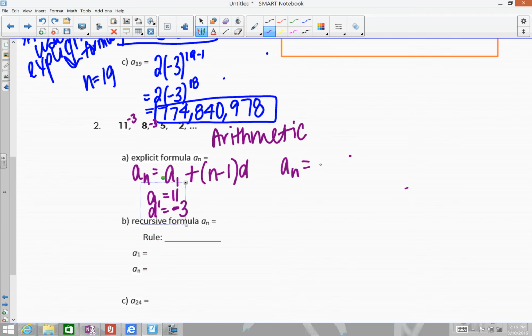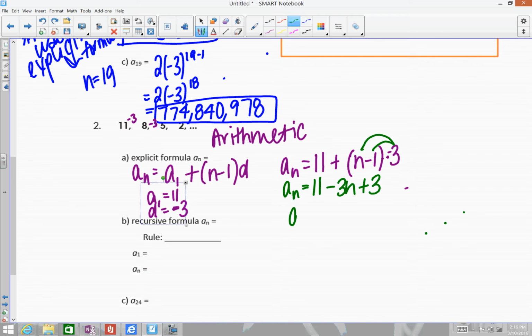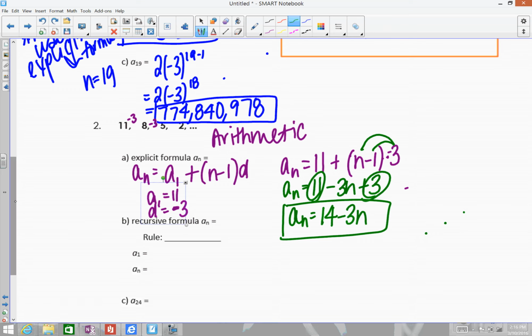So a sub n equals 11 plus, don't forget that plus sign in between, n minus 1 times -3. Then for this, remember you have to distribute that negative. So it's going to be a sub n equals 11, and negative 3 times n, which will be minus 3n. Negative 3 times negative 1 will be plus 3. Then combine your like terms here, so we end up with 14 minus 3n. So there's your explicit formula.